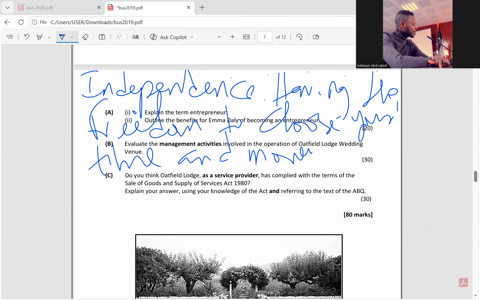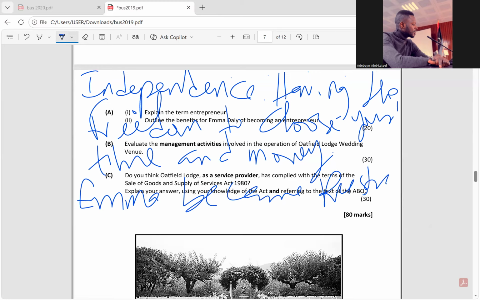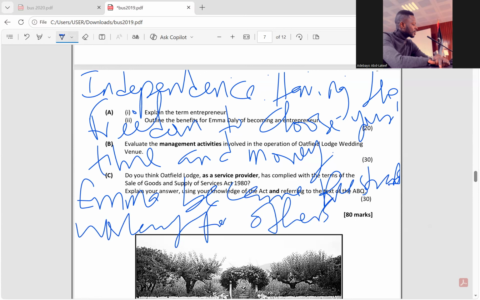That is freedom. That is independence. But you have to relate it to the extract. You have to make reference to the extract. According to the extract, Emma became frustrated working for others. Then she set up her own business. I think that point is clear.